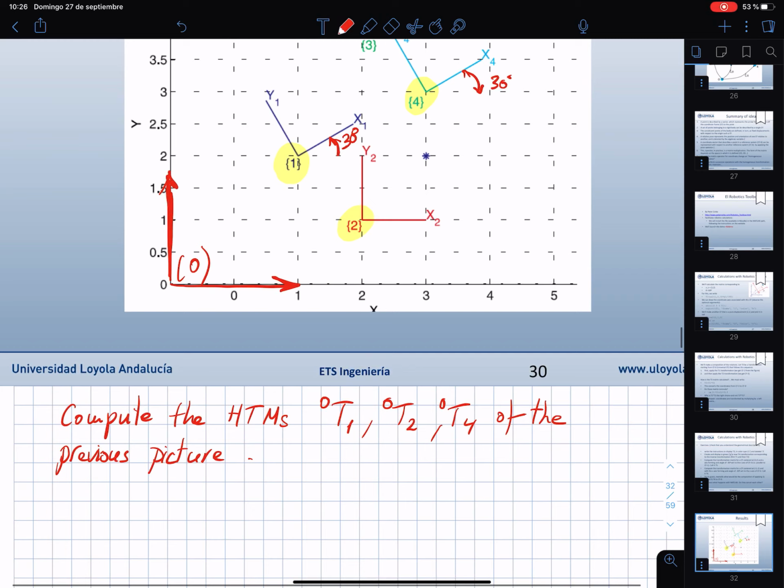Now let's compute 0T1. To compute the homogeneous transform matrix, we have to know exactly what are the displacements and rotations that have to be performed on the zero frame to get to 1.